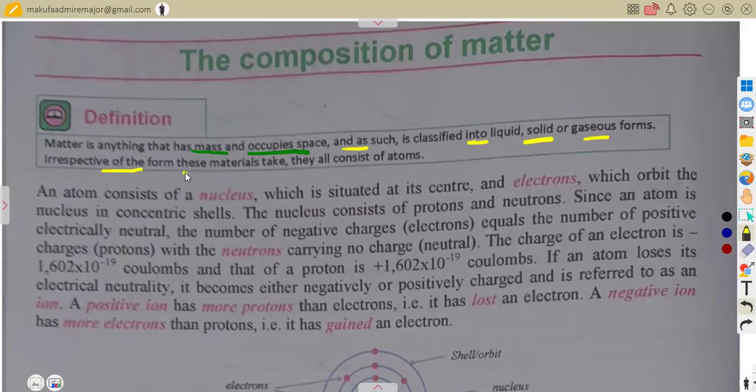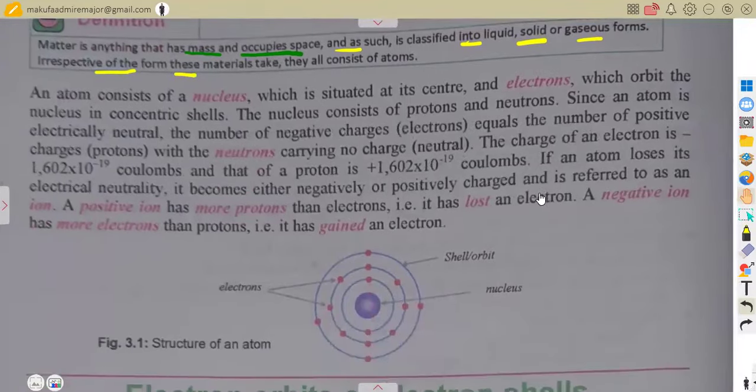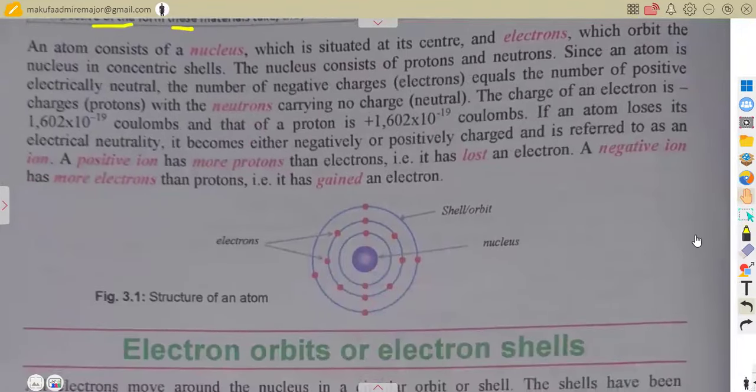Irrespective of the form these materials take, they all consist of atoms. So what do we refer to as an atom? An atom consists of a nucleus, which is situated at its center.